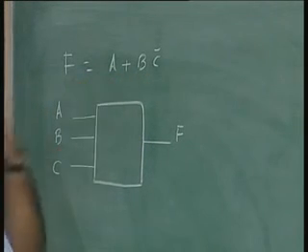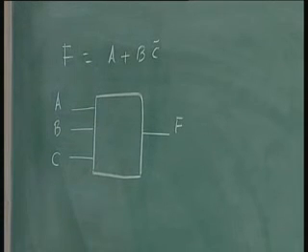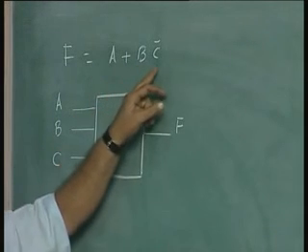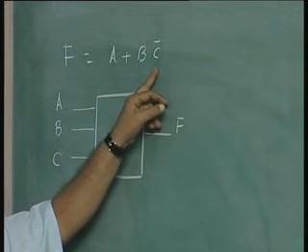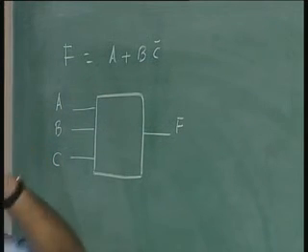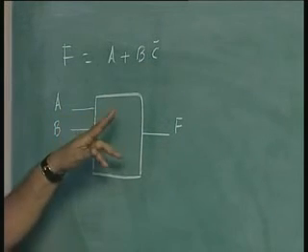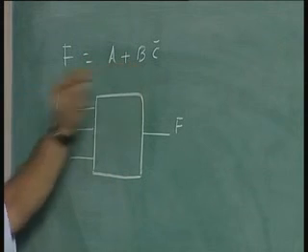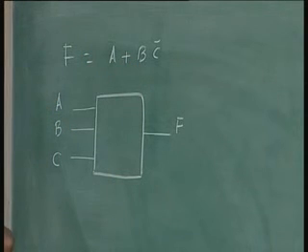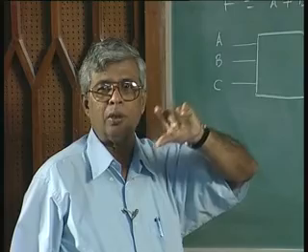And we were able to realize this using gates: an AND gate to get b and not c, an inverter to get not c out of c, and an OR gate to combine a and this term. And we were not sure though whether this was the simplest possible.